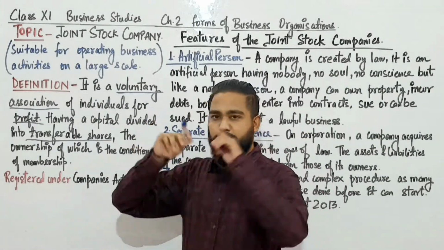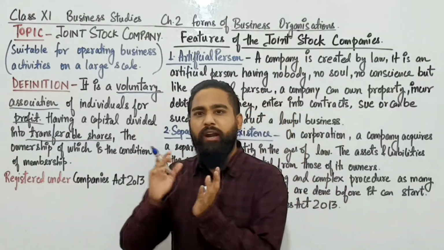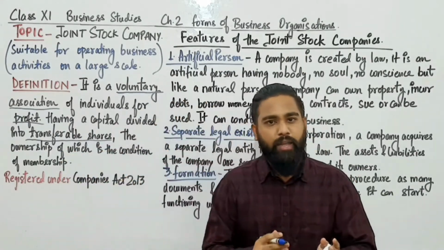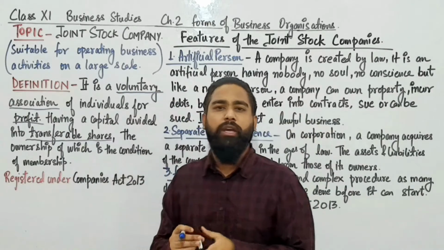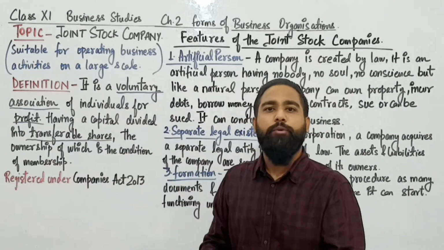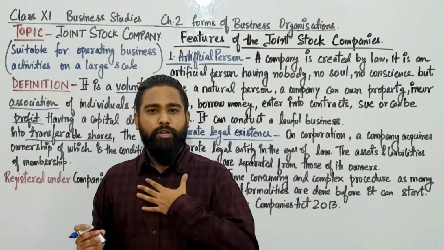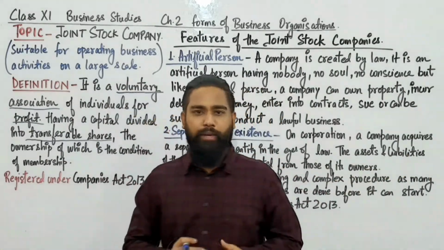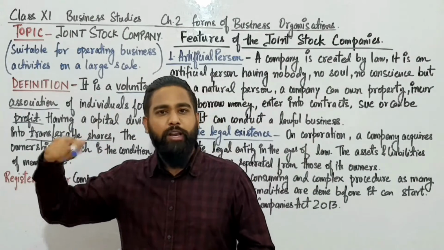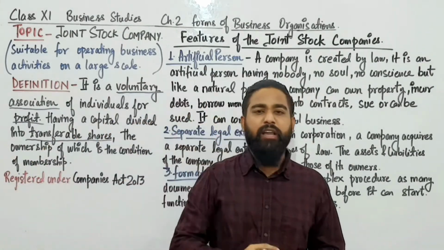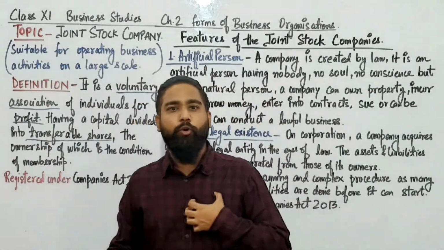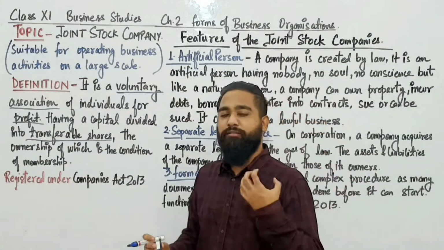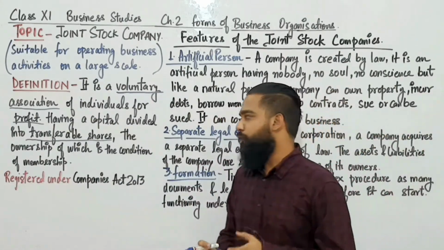So this capital is divided into various shares, and a share can be according to the amount of capital contribution by the shareholder. Suppose I am a shareholder of a company and I have invested 10 lakh rupees. In the total 1 crore rupees, I have invested 10 lakh rupees. So the value of my share will be 10 lakh rupees.